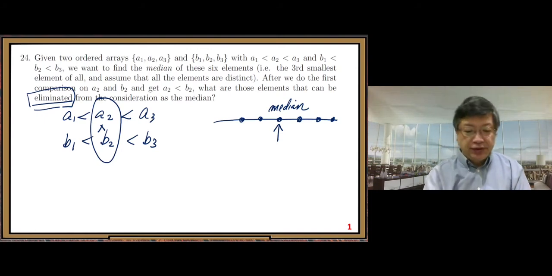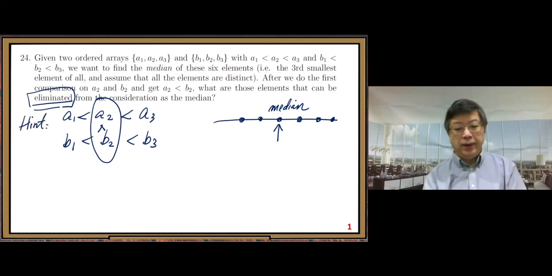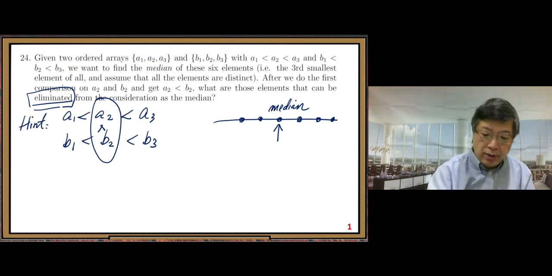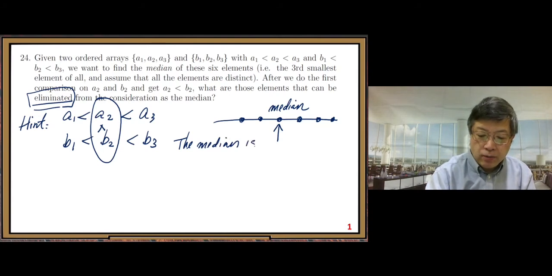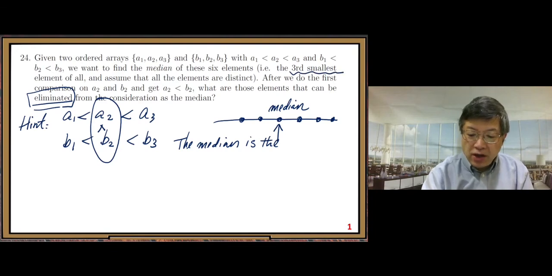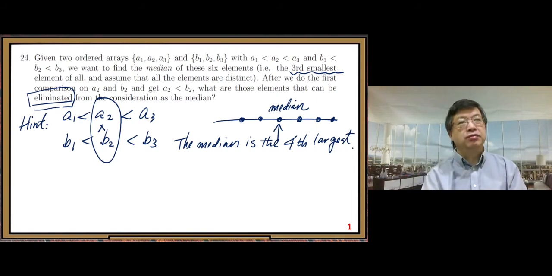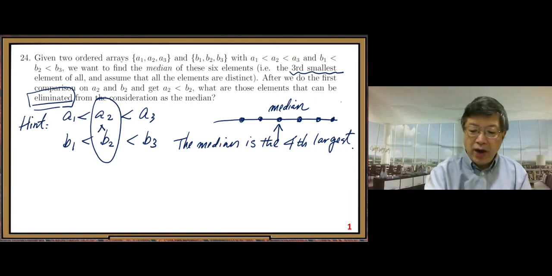In order to solve this problem, here is a hint. First, a simple fact: the median, although it is the third smallest, is the fourth largest element if we look from the right.